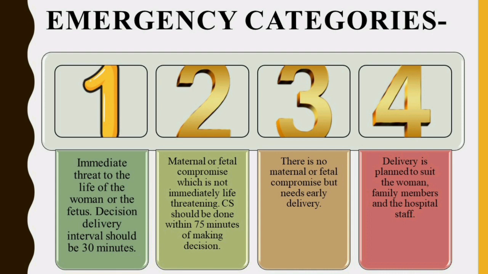Caesarean section should be done within 75 minutes of making the decision. Third, there is no maternal or fetal compromise but needs early delivery. Last one, delivery is planned to suit the woman, family members, and the hospital staff. So there are basically four emergency categories: one, two, three, and four.